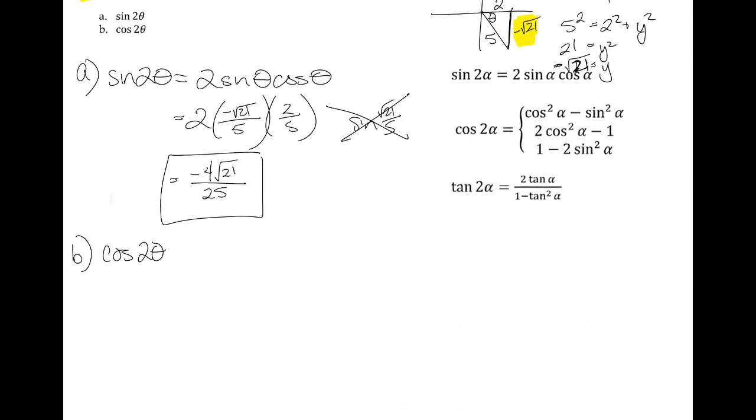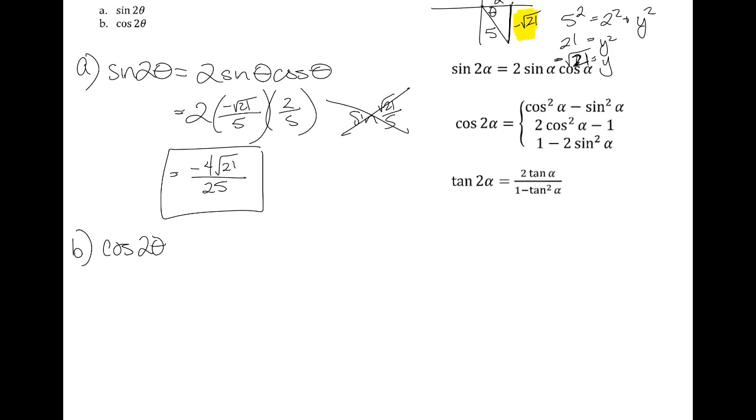So that's the one that I'm going to work with, because then I don't need to worry about what if I made a mistake here? What if I subtracted when I should have added, or vice versa? There's a million things you can do wrong arithmetically. So if I default to what's in the question as much as possible, my chances of having those little mistakes are far less likely. So I'm going to go with the middle one here, this 2 cos squared a minus 1.